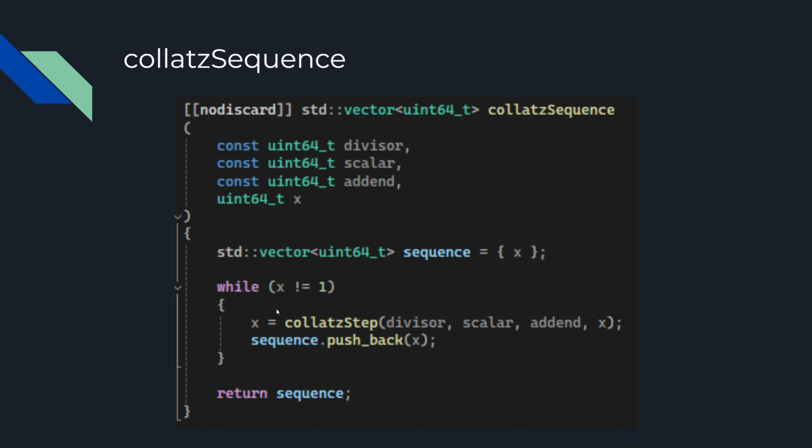And then we're going to push that input back onto the sequence. And then after we run through and find an input that is equal to 1, we're going to stop and then return the sequence, so we don't just get stuck in an infinite loop of 4, 2, 1.